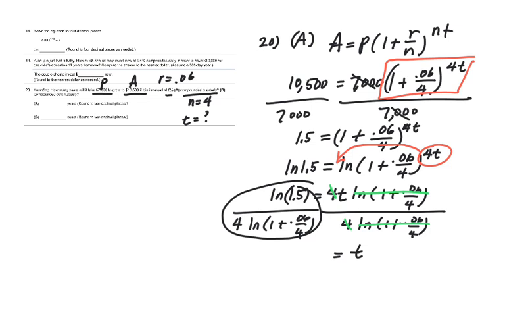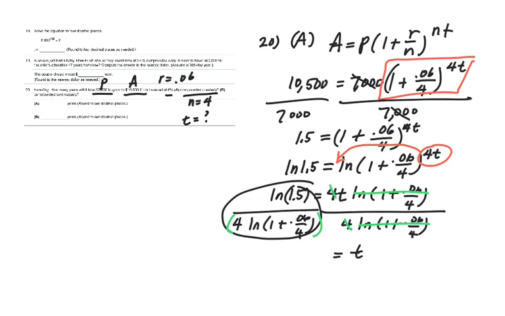If we type it in, the natural log of 1.5 divided by, and make sure you close the parentheses for 1.5 and put the denominator in parentheses. So we'll put 4 times the natural log of that expression in parentheses. So natural log of 1.5 divided by parentheses 4 times the natural log of 1 plus 0.06 divided by 4, and we get 6.808309 and so on.